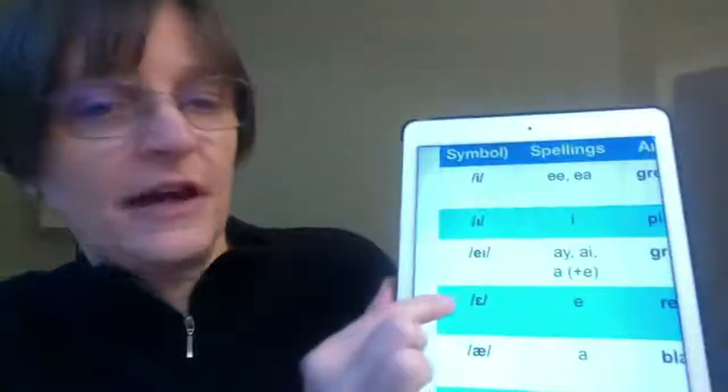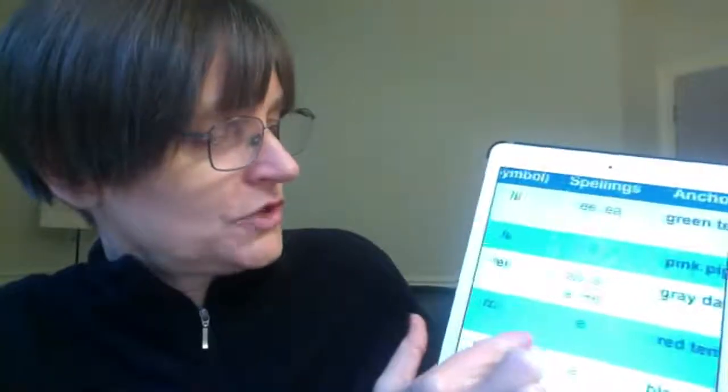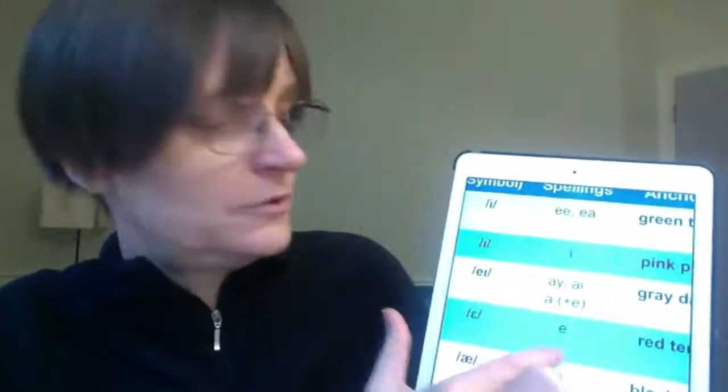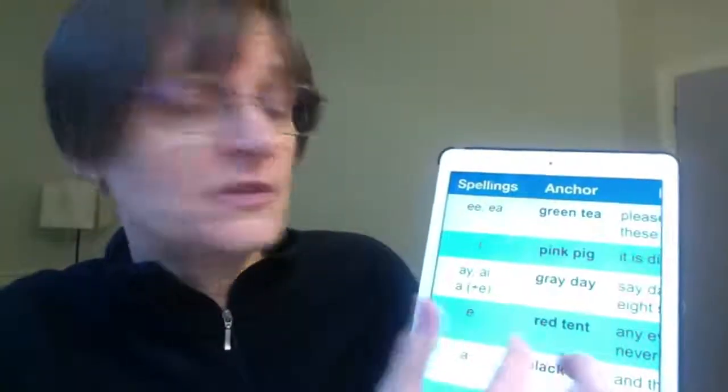So when we were talking about says and health and how they had that vowel, here's that vowel here. The IPA symbol looks like a little bit of a cursive or funny looking E. Usually it is spelled with the letter E. That's the most common spelling, and that's the spelling in my anchor words, red and tent.